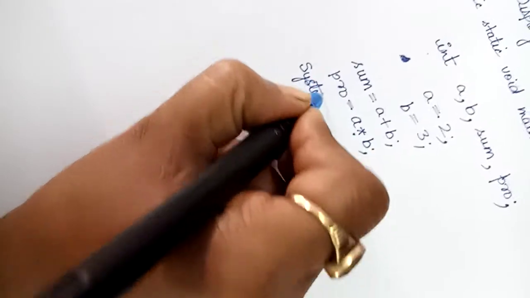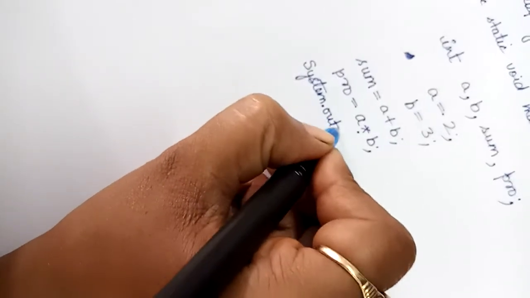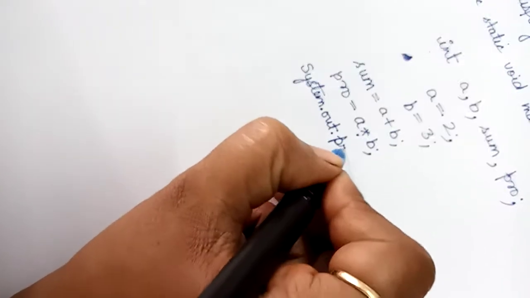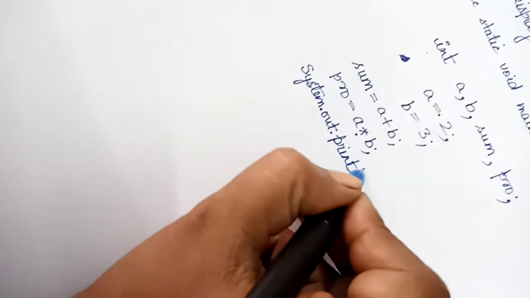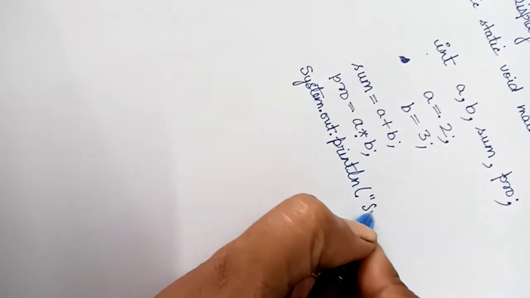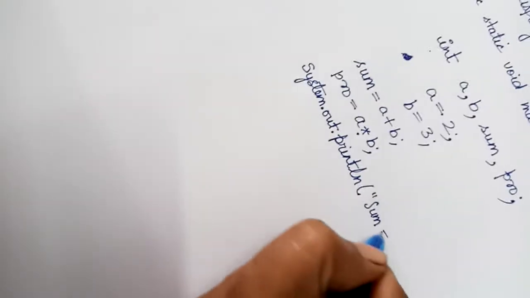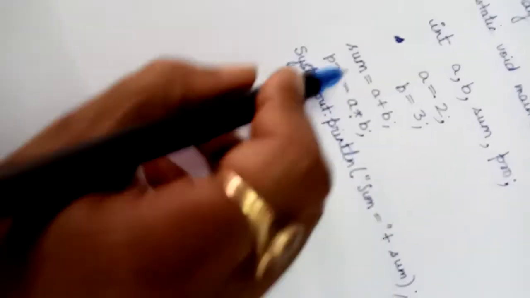So System.out.println, sum equals, plus, the variable in which we have the value of sum, in small letters, this one.